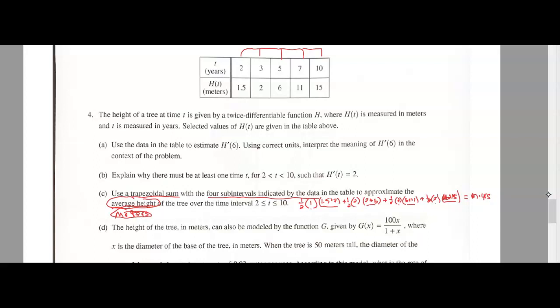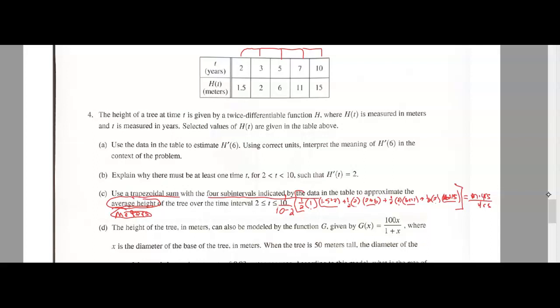If we pick up on the idea that we want an average height, paying attention to our units, we want to get rid of years. So what that would tell us is not only are we doing the trapezoid rule, we also want to multiply by the number of years that we have covered. And since it was 2 to 10, we would multiply that by 1 over 10 minus 2.